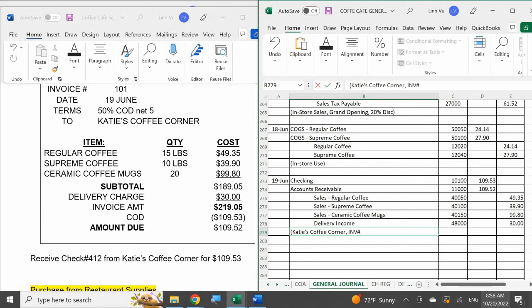Invoice 101, and the received check of 412. Why was that check there? 50% of the invoice amount. And when is it due? Net 5.